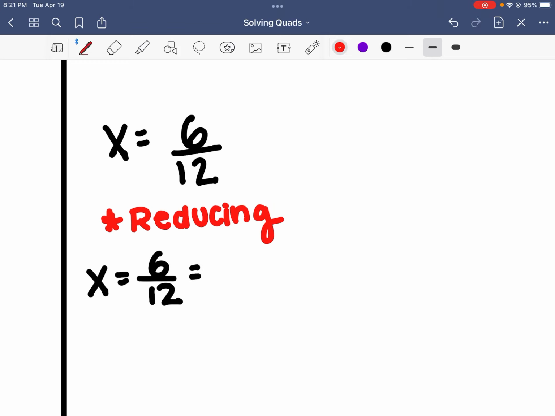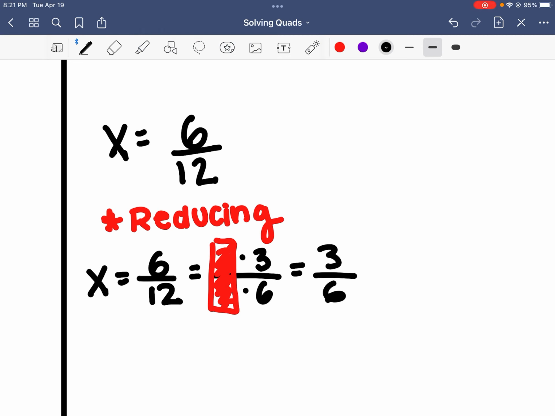So this is equal to 2 over 2. 2 times 3 gives me 6. And 2 times 6 gives me 12. So right here I have a giant 1. And I can cross them out. But hold up, can I reduce this even further?